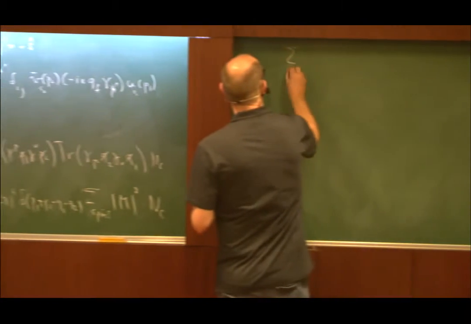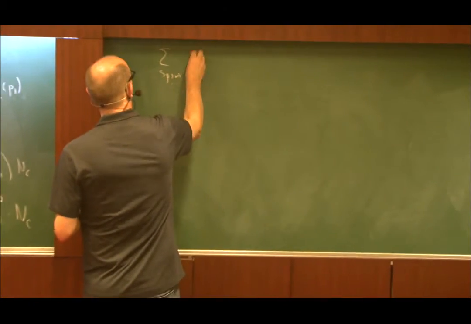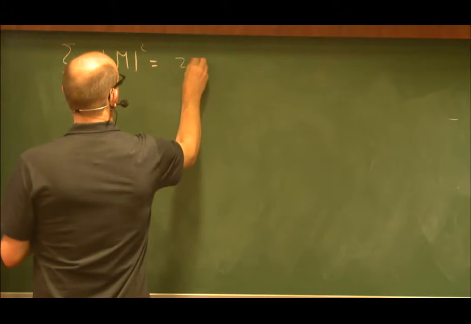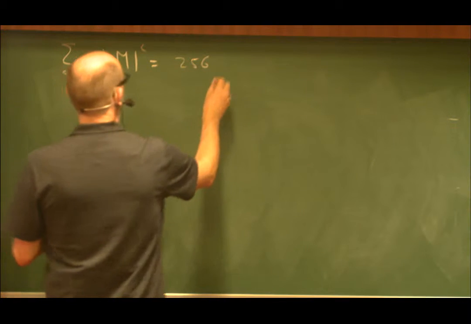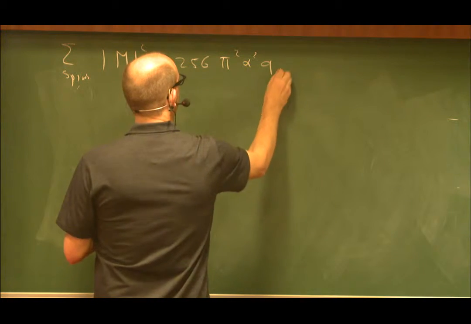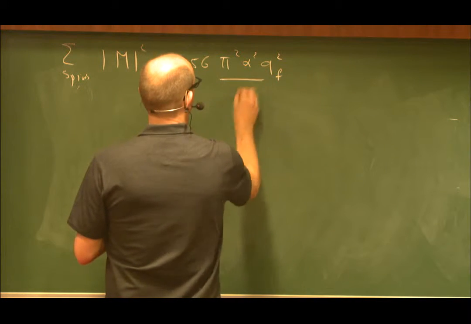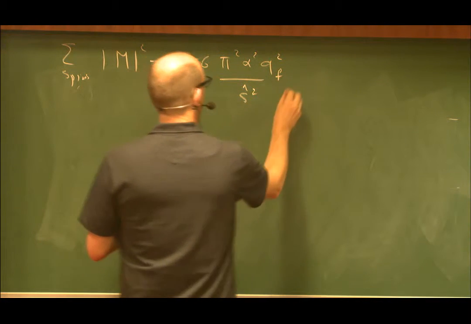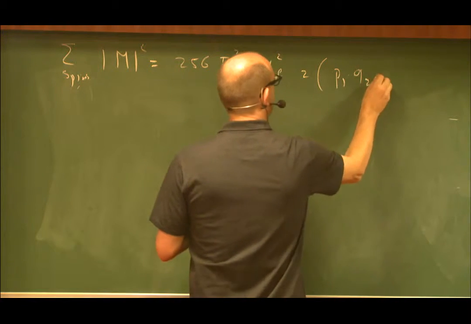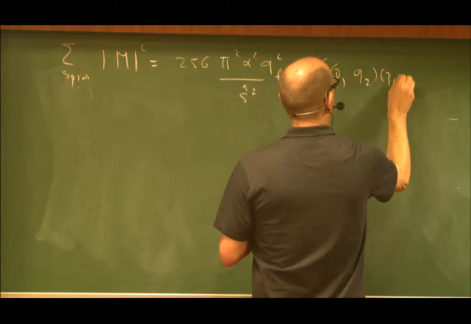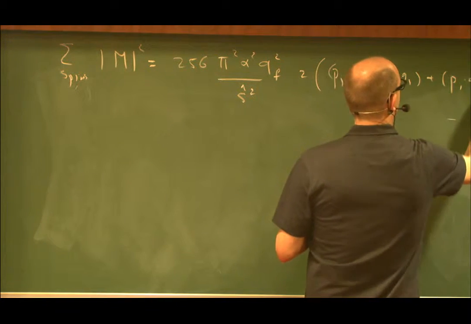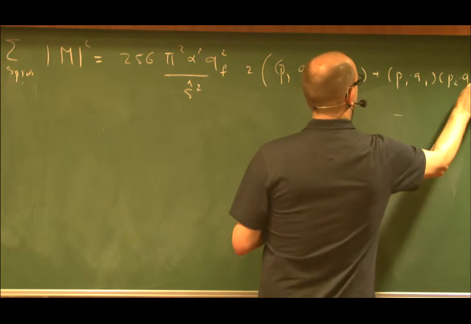So the sum over the spins of M squared is 256 pi squared alpha squared Q_f squared over s hat squared, times 2 times p1 dot q2 p2 dot q1 plus p1 dot q1 p2 dot q2.